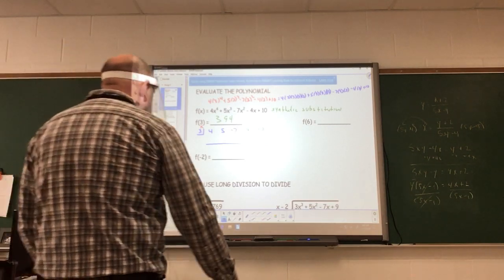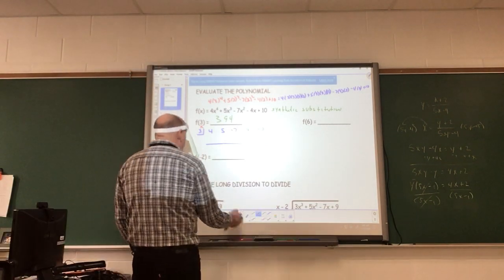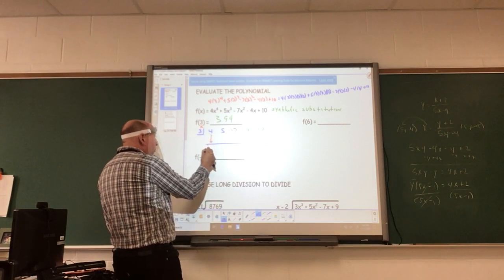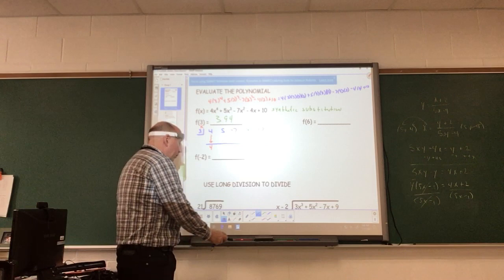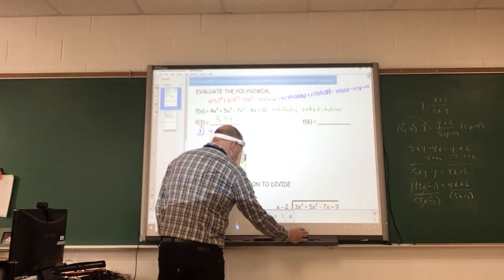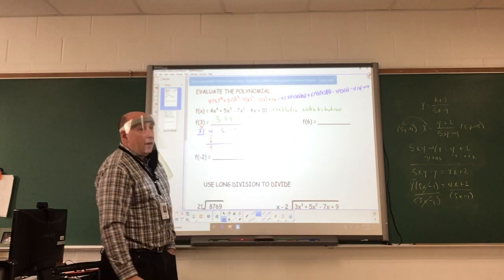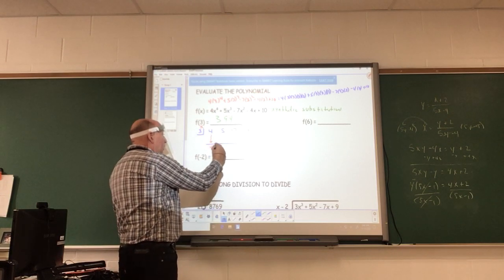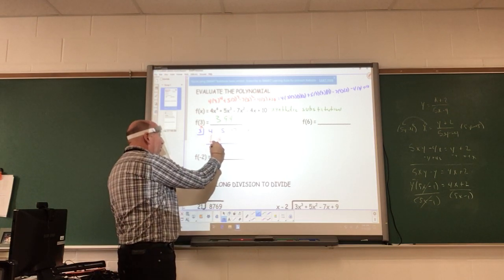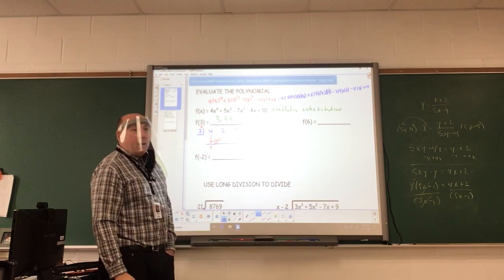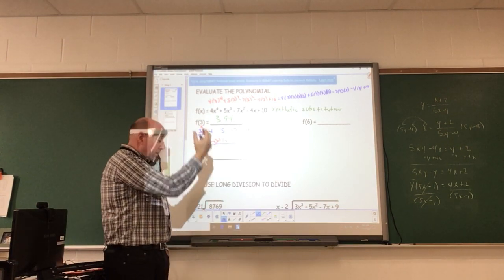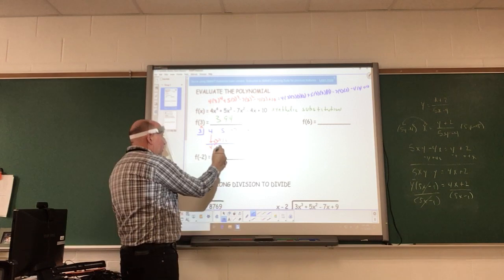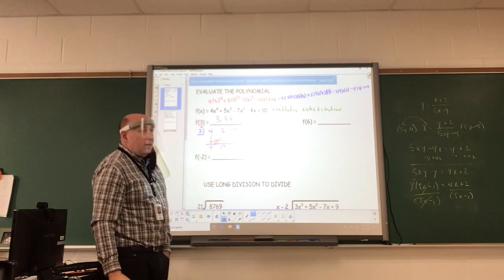Okay, if you remember what we did, we dropped the 4 down. And then we diagonally multiplied by this value here. So we multiplied by 3. So we have 12, and then we add down to give us 17.